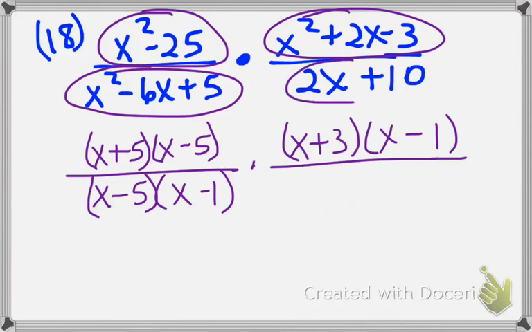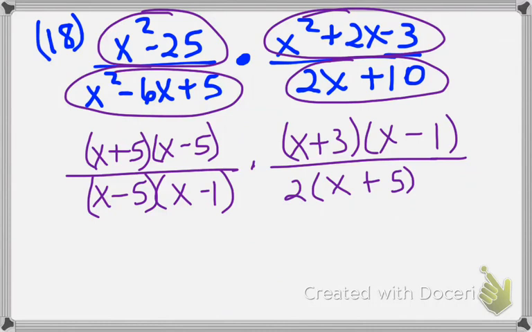And then for 2x plus 10, it's just two terms, but they're not perfect squares, so I'm going to see what they have in common. 2x and 10 are both divisible by 2. I'm going to put 2 on the outside of the parentheses, and if I divide by 2, I'm left with x plus 5. Okay, so we started with keep, change, flip, then we factored everything.